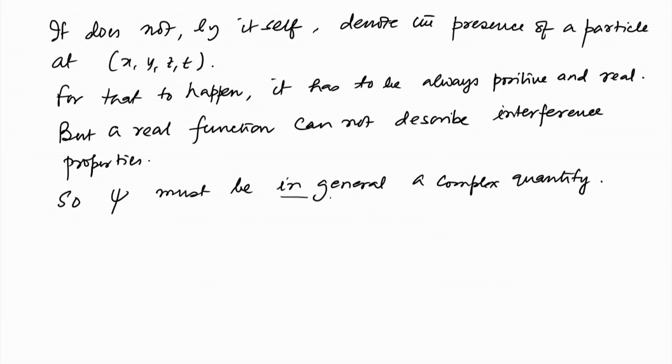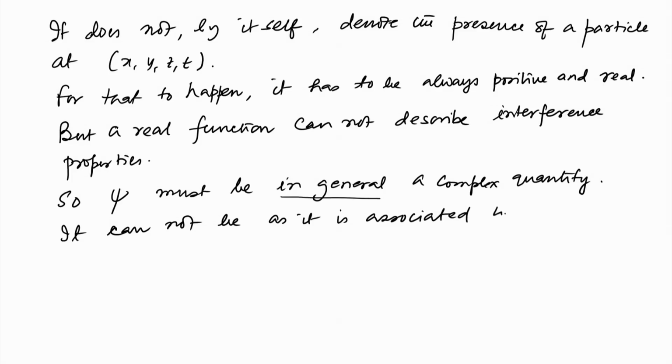So, that is why in general it is written that way. So, if it is in general a complex quantity, it cannot be associated as it is with the existence of a particle.